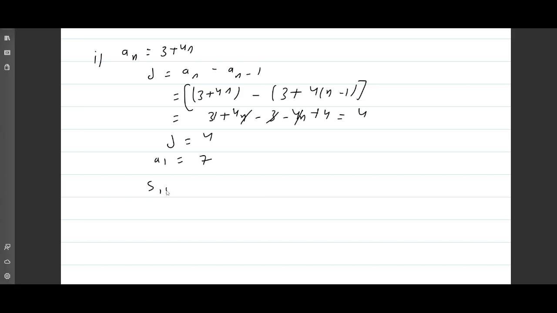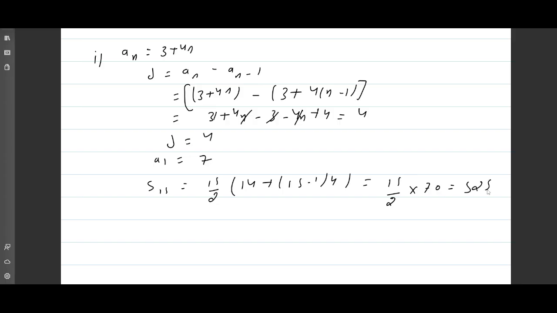S15 is equal to n by 2, that is 15 by 2, into 2a, which is 7 into 2, 14, plus n minus 1, 15 minus 1, into d, where d is 4. So this is equal to 15 by 2 into 70. So this is equal to 525.